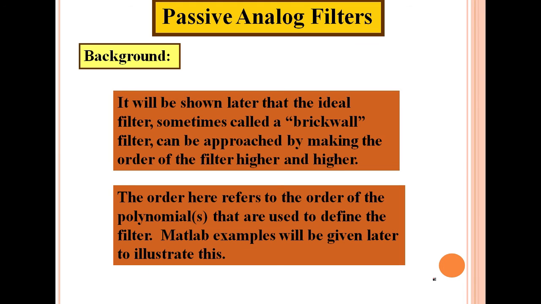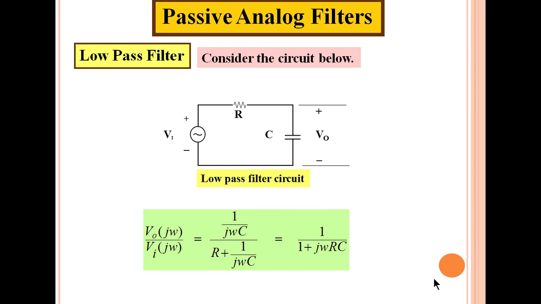Order of the filter higher and higher means you have a first order filter, a second order filter, and so on, where n varies 1, 2, 3, 4. As the order increases, its polynomial in s is used to define the filter. Some MATLAB examples will be given later to illustrate this.